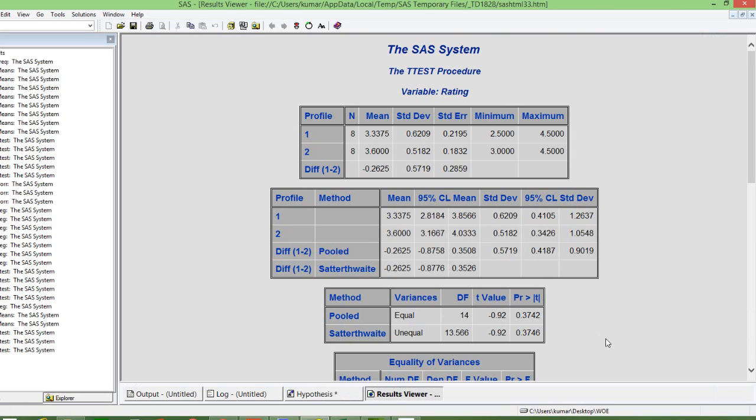So this is the difference between the average rating of employees with respect to the job profile. The null hypothesis is that the two job profiles perform similarly, or there is no difference. The alternative hypothesis is that the performance level differs.